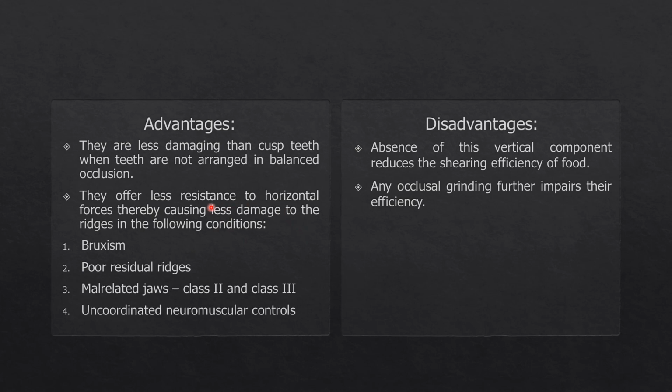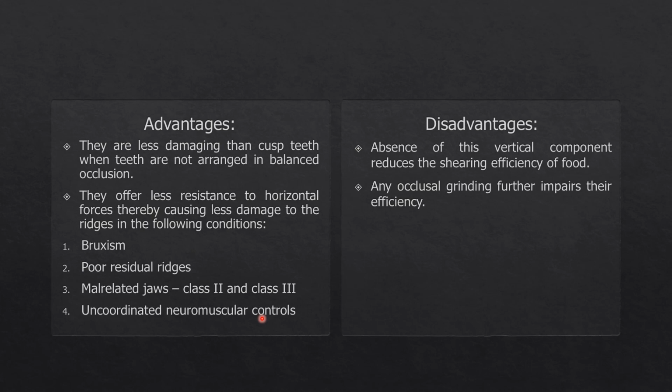They are especially useful in cases of bruxism, as I mentioned, poor residual ridges, in class 3 and class 2 maxillomandibular related jaws, and in patients with uncoordinated neuromuscular control. Most of the time, when patients are very old, in their late 70s or 80s, or have suffered a stroke, they will have poor neuromuscular control.